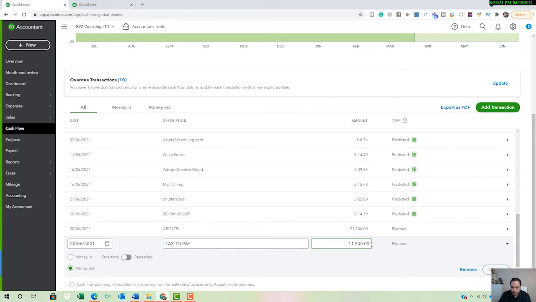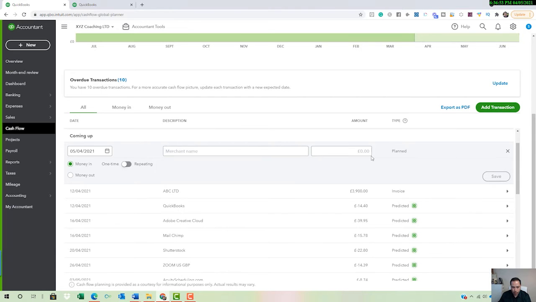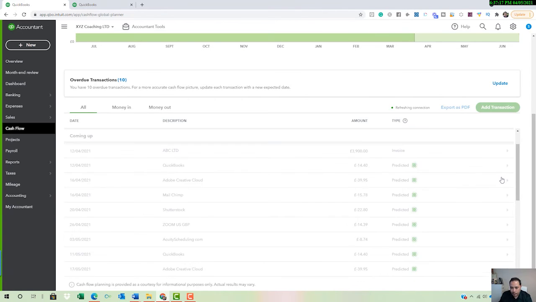On top of that, let's say they also want to do a 3-day workshop at the end of April, a 3-day Facebook ads in-person workshop. Let's say that is £1,800. Again, this is money out. So save.